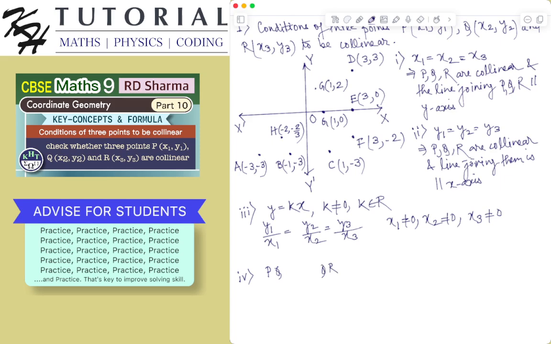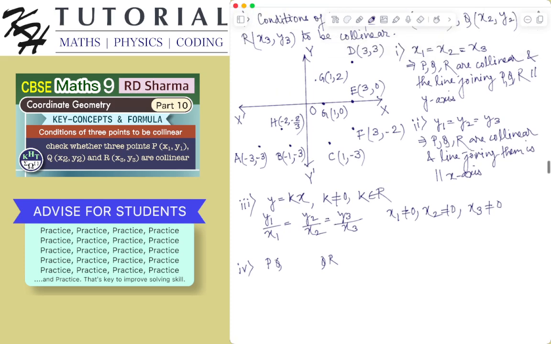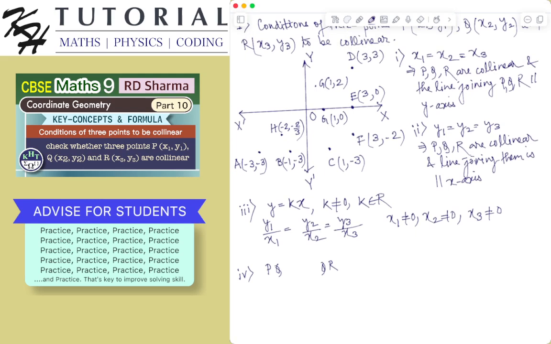So take 2 points at a time, and for the points P and Q, you take the ratio of the difference of the ordinates and the difference of the abscissae. So the ratio for the points P and Q will be y2 minus y1 divided by x2 minus x1.